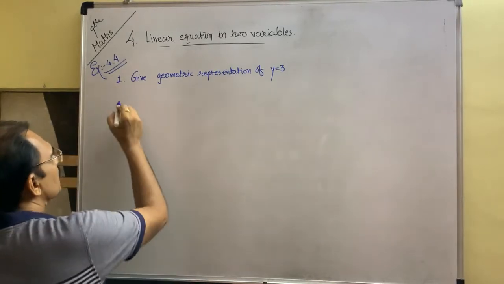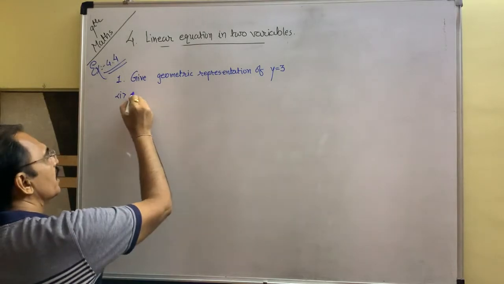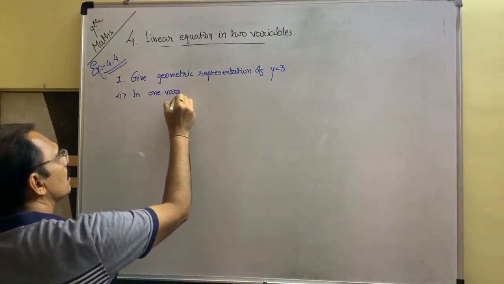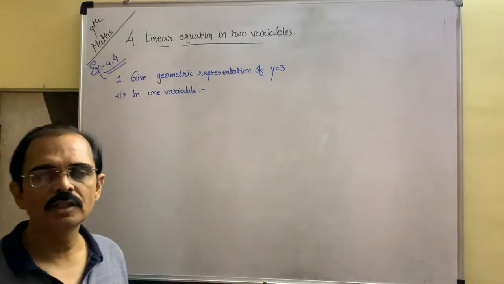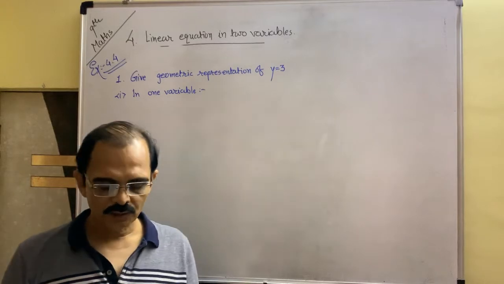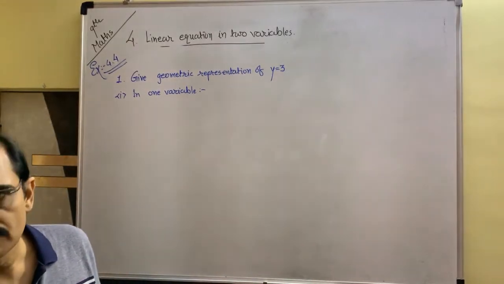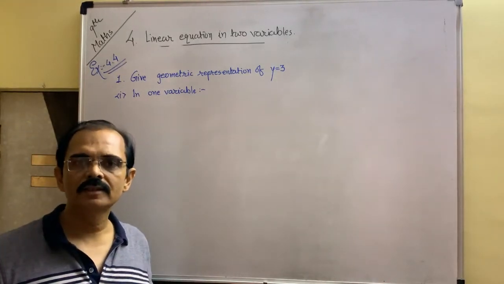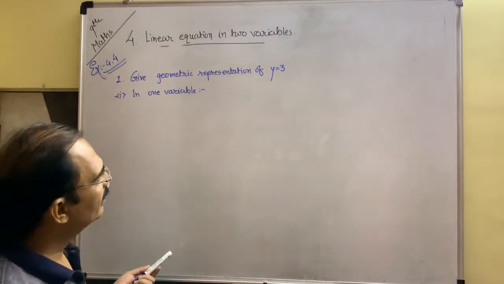The first question is the geometric representation of y equal to 3 in one variable. Don't think that this is a linear equation in two variables. The highest power is 1, so it's a linear equation, but only one variable y is there, x is not there. Then how can you represent it? Very simple.